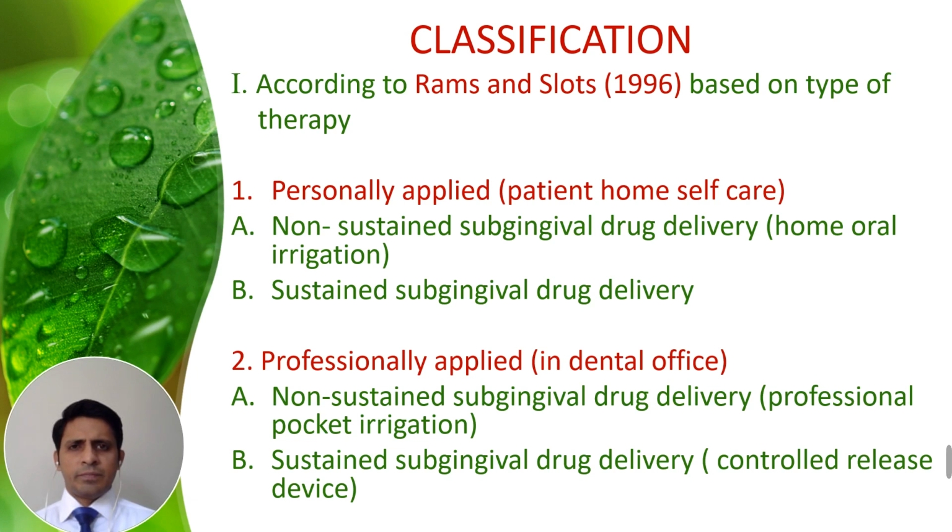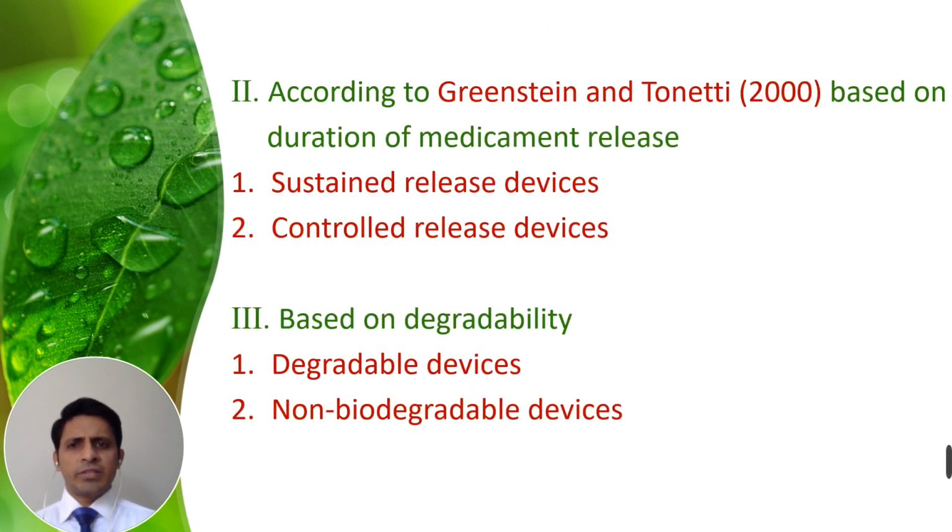devices. The other classification, according to Greenstein and Tonetti in 2000, is based on the duration of medicament release. It is classified as sustained release devices and controlled release devices. The third classification is based on degradability. They are classified as degradable devices and non-biodegradable devices.